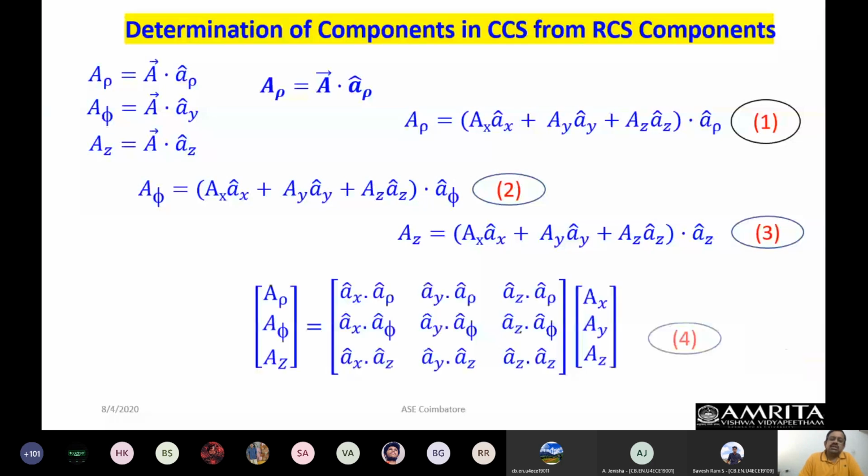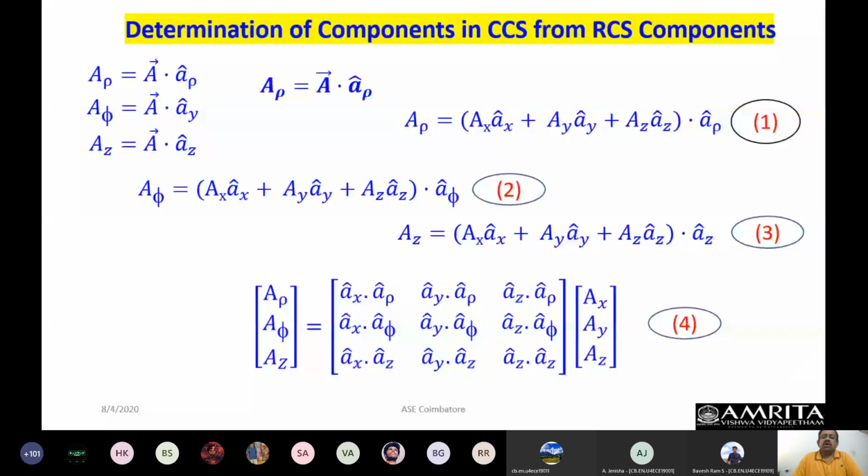So these three equations can be conveniently combined into what is known as a matrix form, and you have learned this matrix in the previous semester or even in your higher secondary. I am sure that you know how to write this matrix form, which is not difficult, because it can be expanded as Ax into this term plus Ay into this term plus Az into this term, giving rise to equation 1.